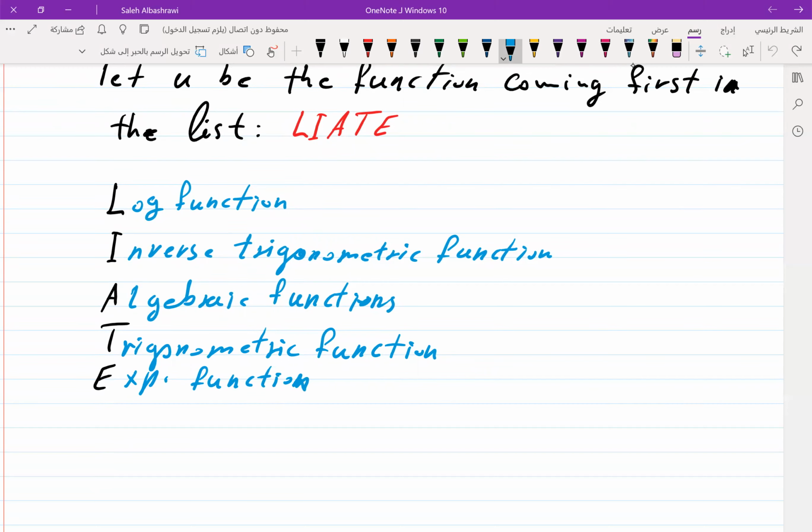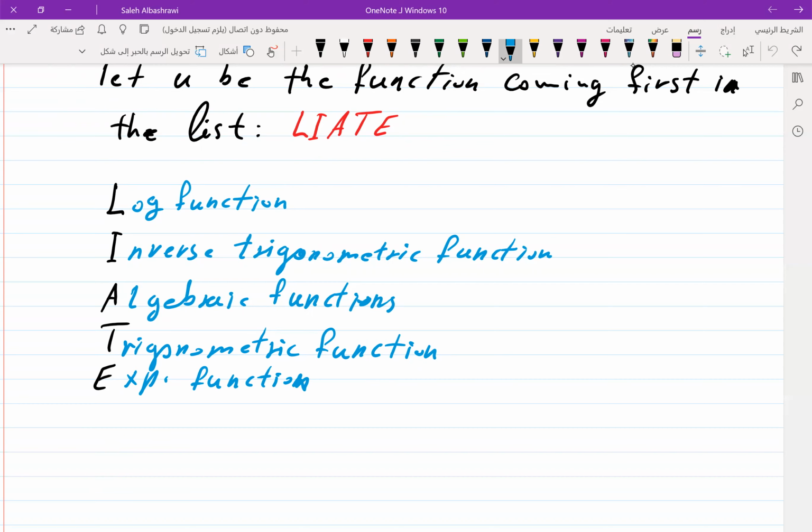So this is the list, LIATE. The function coming first in the list, I will choose it to be u substitution, and the other one will be dv.